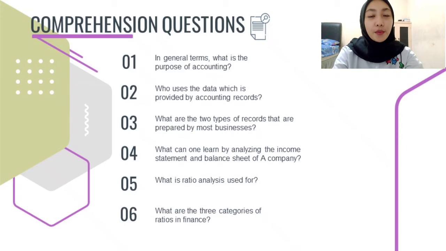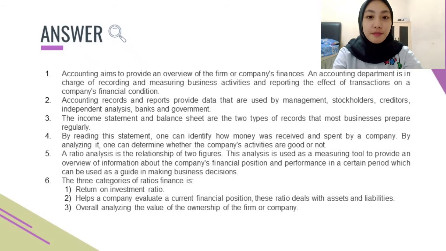Number 2. Who uses the data which is provided by accounting records? Based on the passage, accounting records and reports provide data that are used by management, stockholders, creditors, independent analysis, bank, and government.